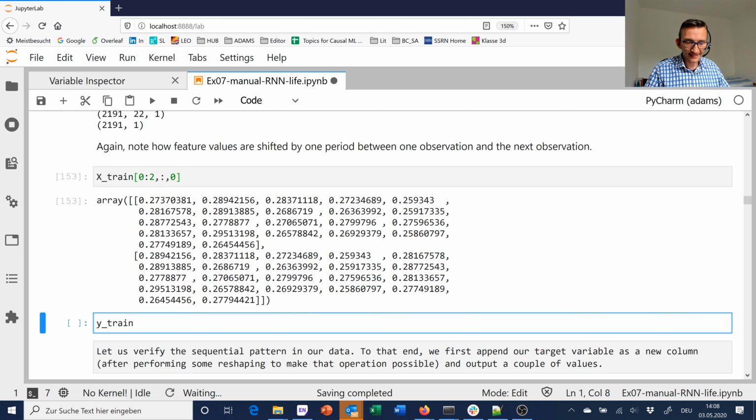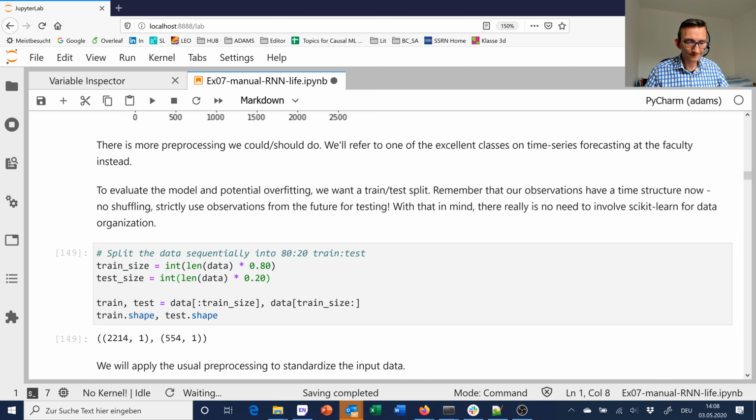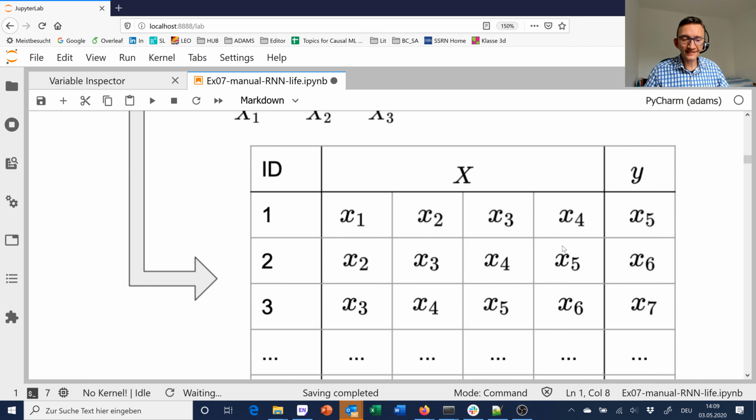Let's pull out some data. It's a Numpy array, so it's essentially a bunch of numbers. But in that bunch of numbers, we should be able to re-identify what we saw earlier, this matrix. Let me go up. We should be able to somehow identify this structure here, x1, 2, 3, 4, in our data matrix X, the one we just created.